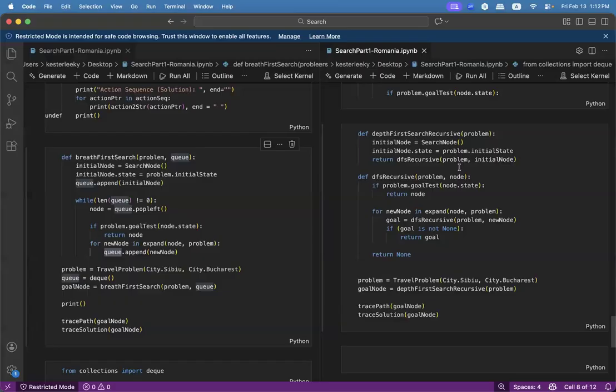Instead of explicitly using a fringe, we use recursion and the ordering of function calls to control the ordering of node exploration.